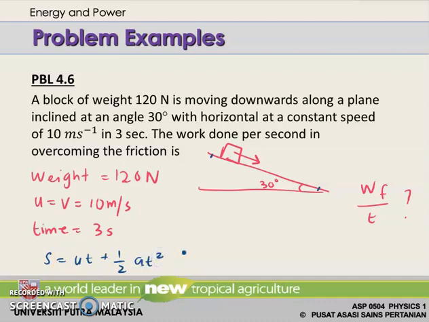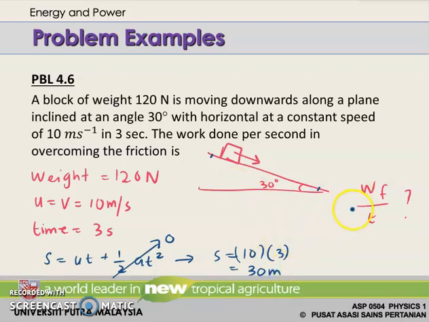There's no acceleration here because U equals V, so there is 0 acceleration. This leaves us with S equals UT. U is 10, T is 3, so this gives me 30 meters in distance.